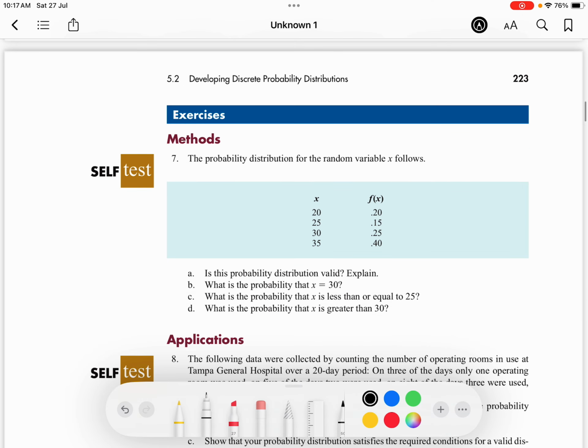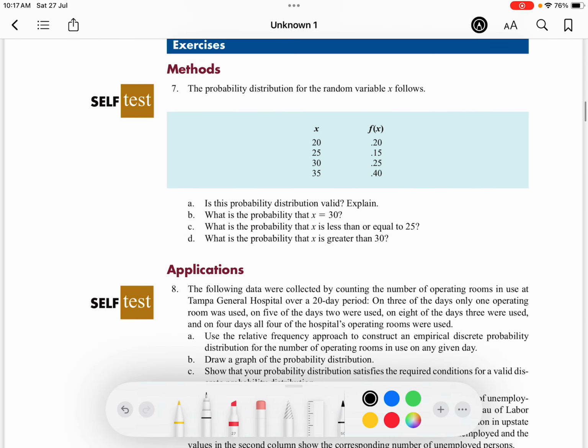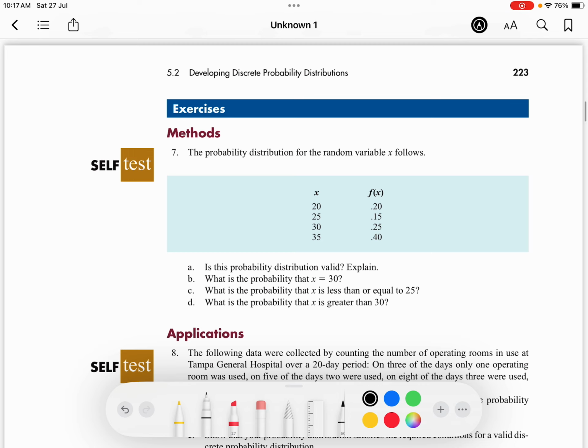And here, I will not solve with you, but we can solve one. Yani we can solve number 7 here. Is this probability distribution valid? We must check all these values greater than 0, less than 1. Number 2, the addition of it.